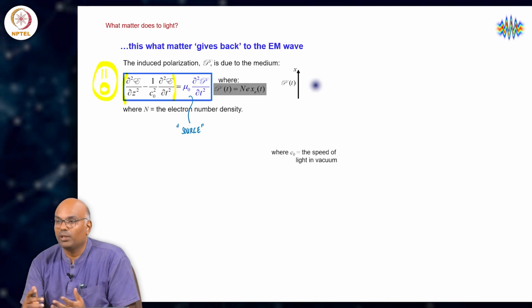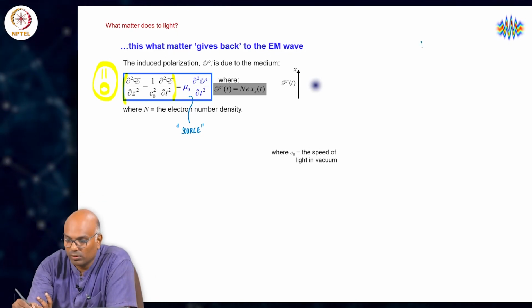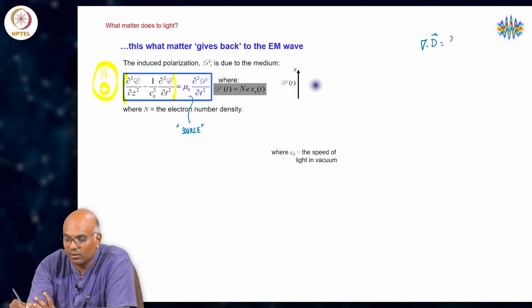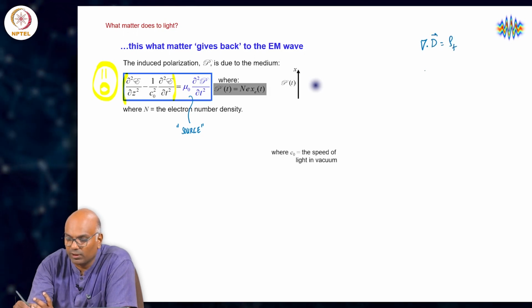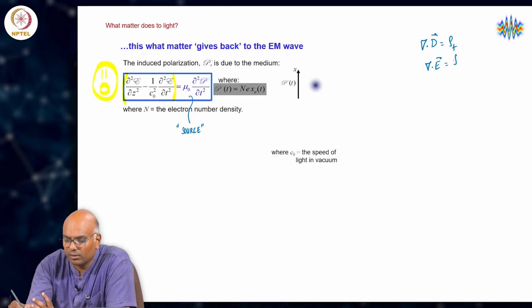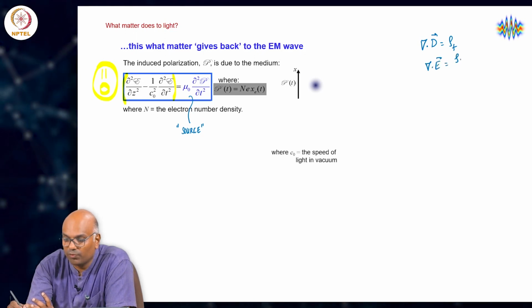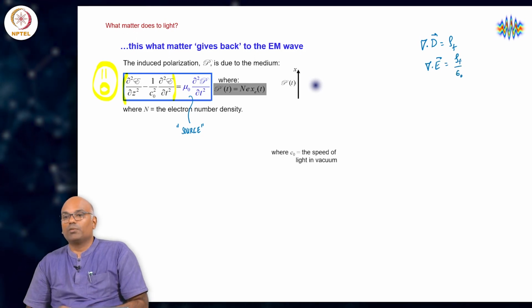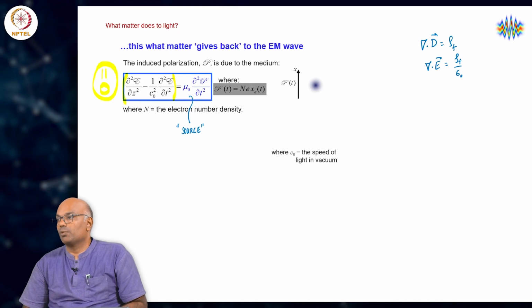For example, think of Gauss law. Divergence of D is rho free. We said divergence of E is rho free by epsilon naught, if the medium of interest was vacuum.